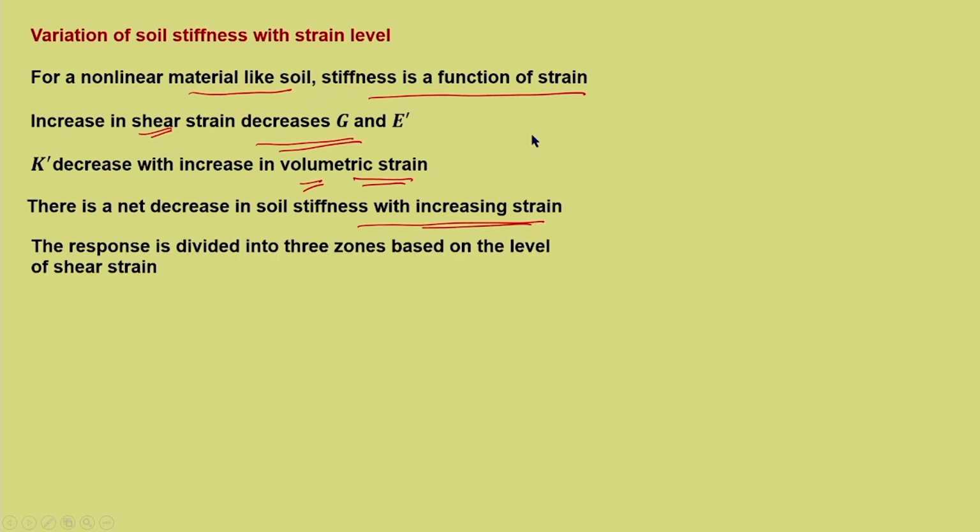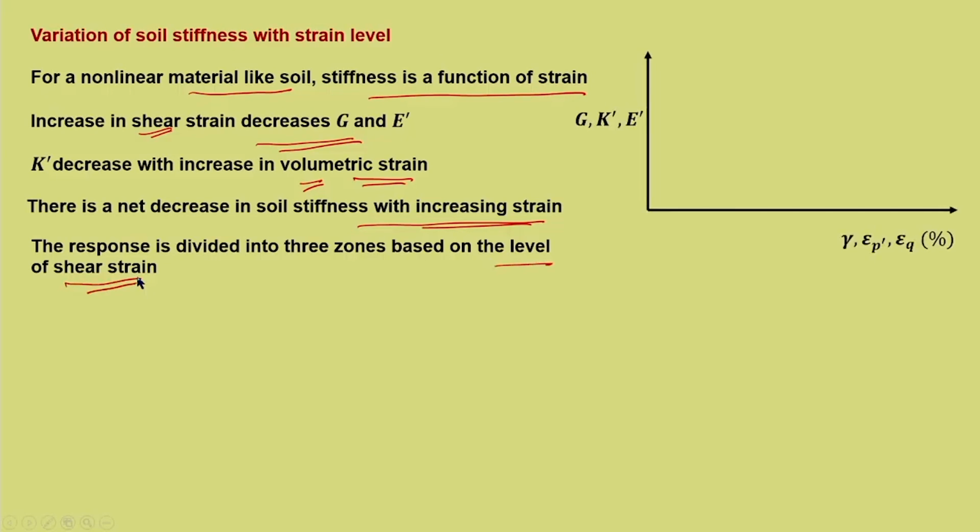The response is divided into 3 zones based on the level of shear strain, showing how G, K dash and E dash vary with shear strain, volumetric strain or deviatoric strain. So, how does it vary? It varies as an S-shaped curve.